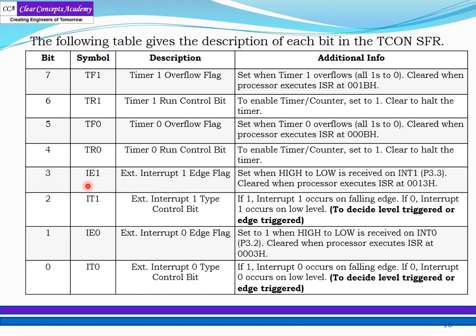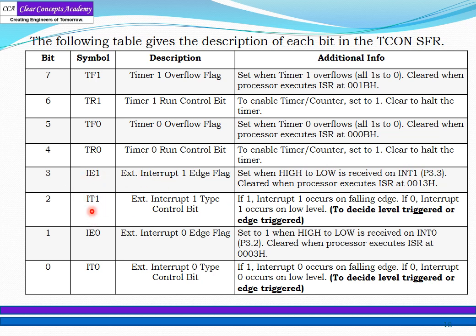When this interrupt occurs, that is IT1 has gone from high to low, at that time IE1 becomes 1, then it will jump the program counter to 0013H. That means suppose a telephone has rung, which means this interrupt has come.